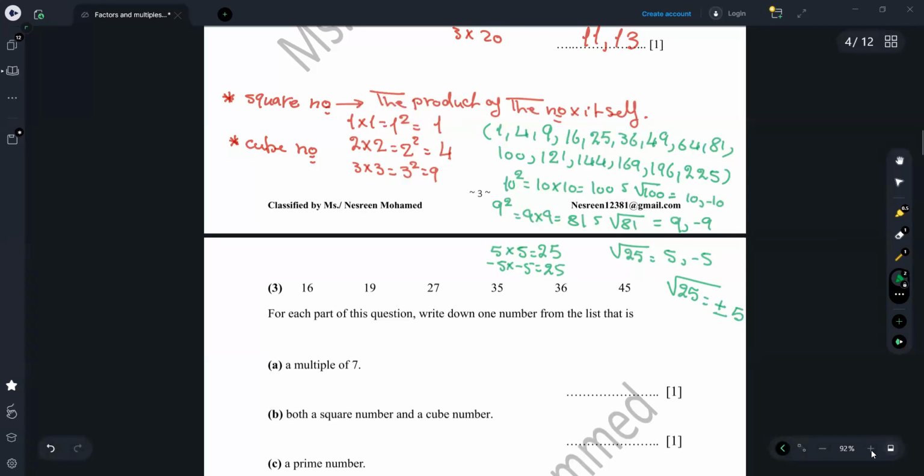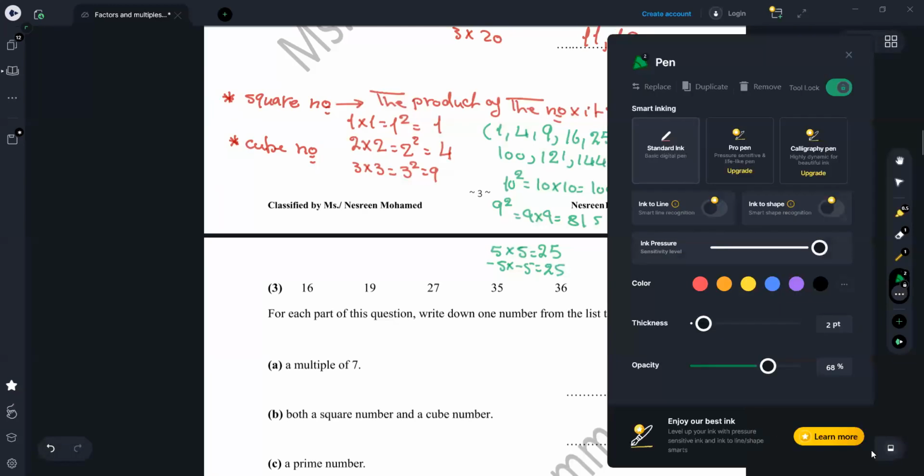Okay, what if I'm asking you, what is the square root of negative 25? This is undefined. We don't have anything in math called the square root of a negative number. This is wrong. The square root is only for a positive number.